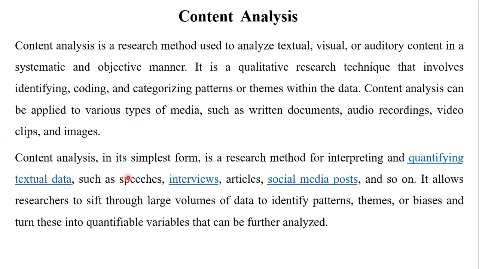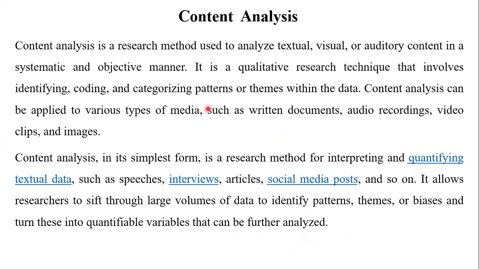Content analysis in its simplest form is a research method for interpreting and quantifying textual data. You are going to quantify your textual data such as speeches, interviews, articles, social media posts, and so on. It allows researchers to sift through large volumes of data to identify patterns, themes, or biases and turn these into quantifiable variables that can be further analyzed.